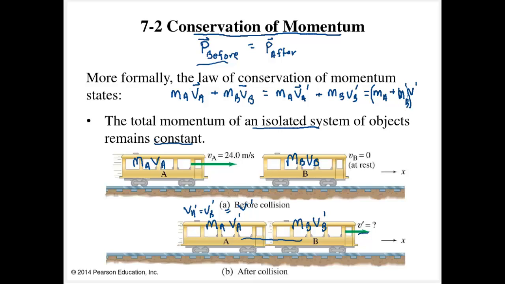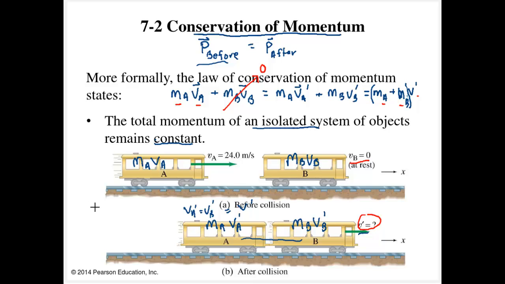For this particular case, let's take a look at velocity B. Initially, I know that this guy is going to be equal to 0, and I know the masses of the trains. This is example 7.3, and I know mass of A, I know mass of B, I know the velocity of A. What I'm really interested in is what is this V prime.